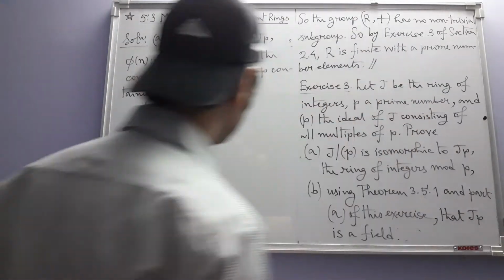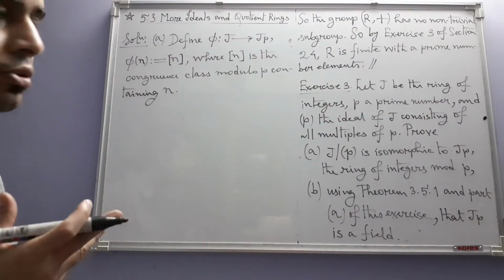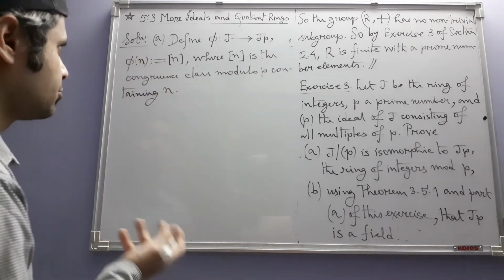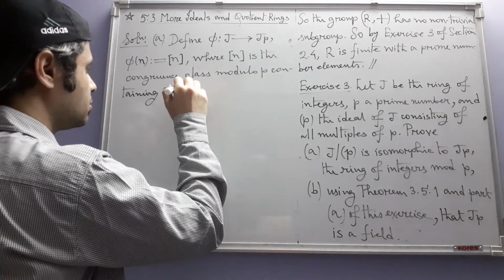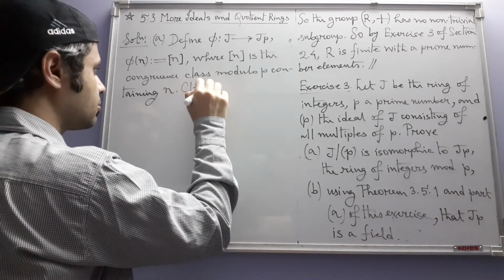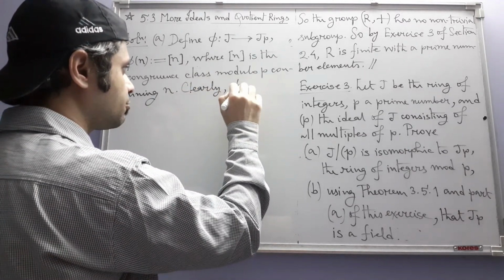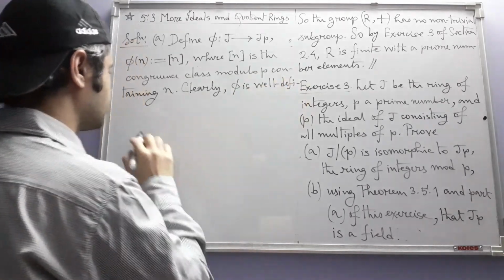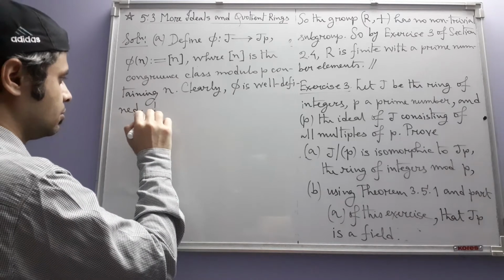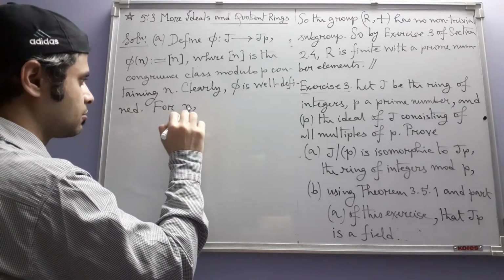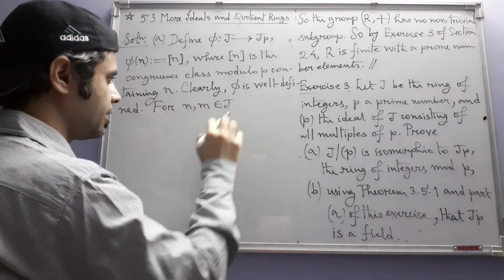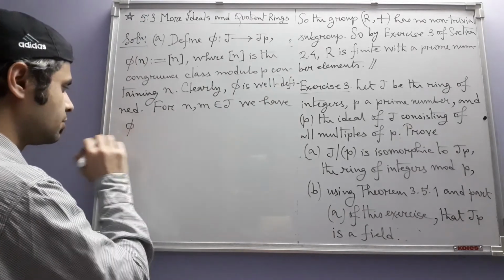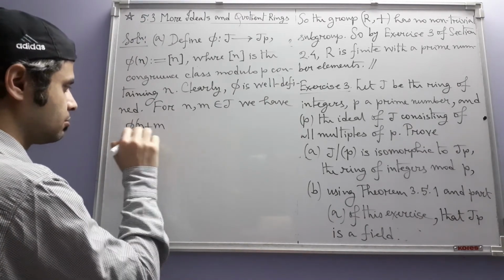Now our aim is to first of all show that this is a ring homomorphism, which is actually pretty easy. Clearly phi is well defined. For any two integers n and m, we have phi of n plus m.